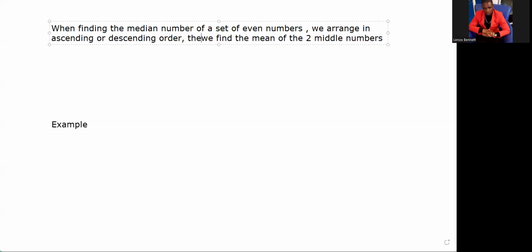Then we find the mean of the two middle numbers. We're going to come to that in a short while. Here's our example one.